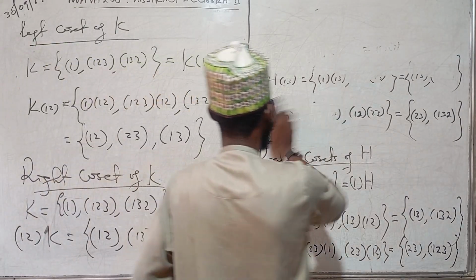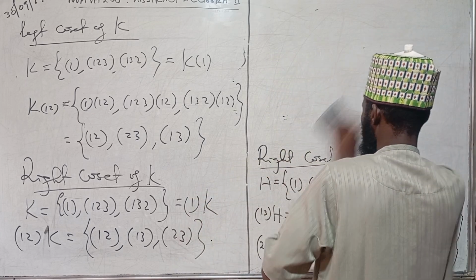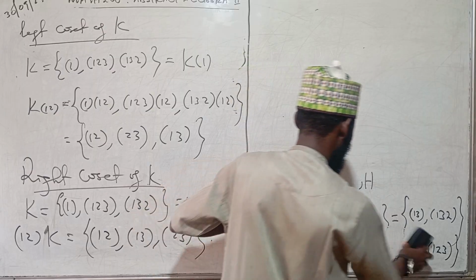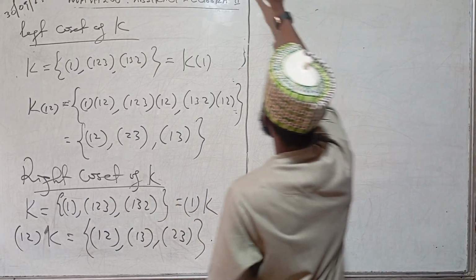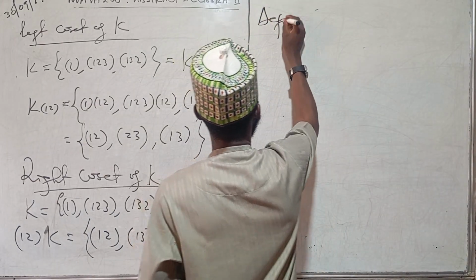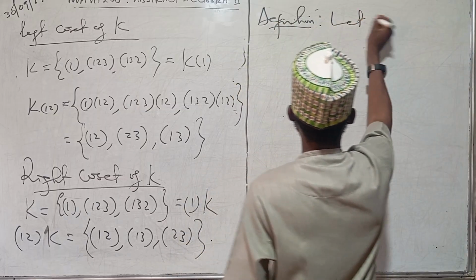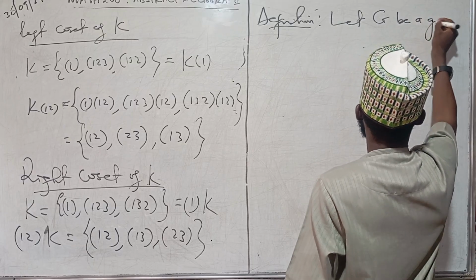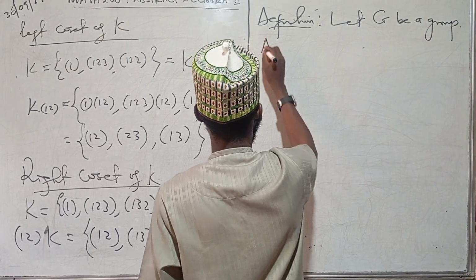So I'm going to formally define what a normal subgroup is, and then we will look at some of the properties of this normal subgroup and make progress from that point. So definition now. Let G be a group. Then a subgroup.